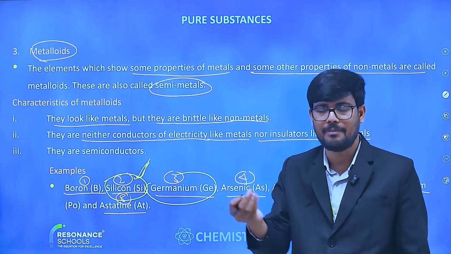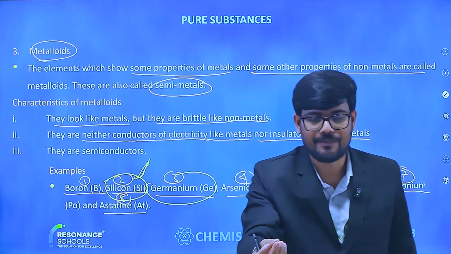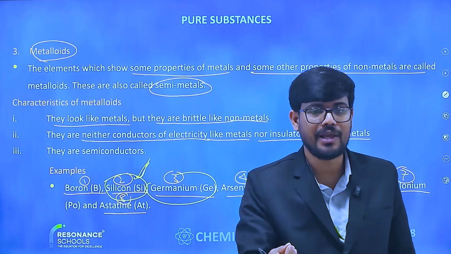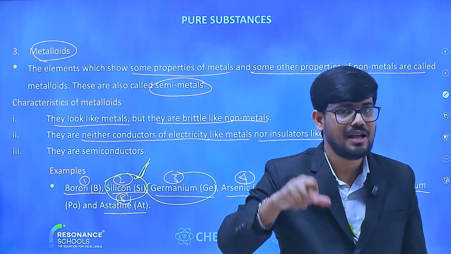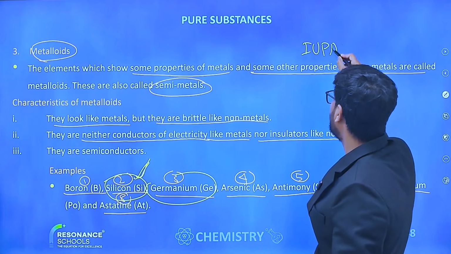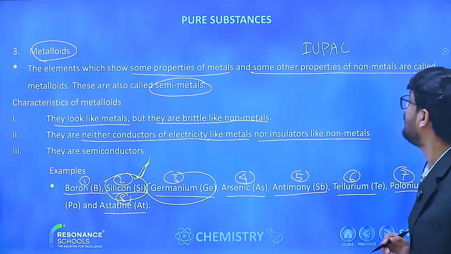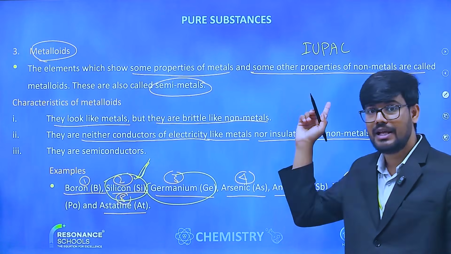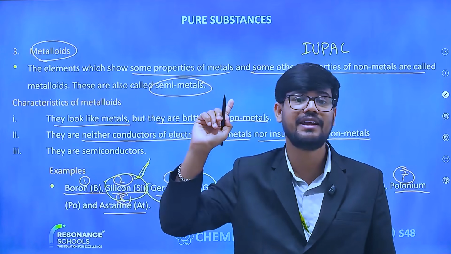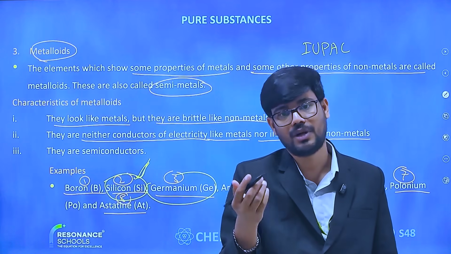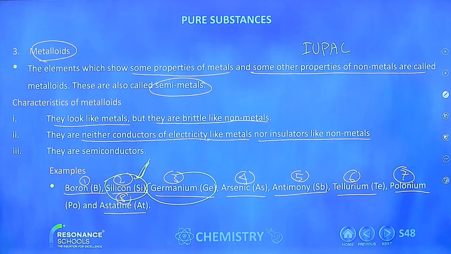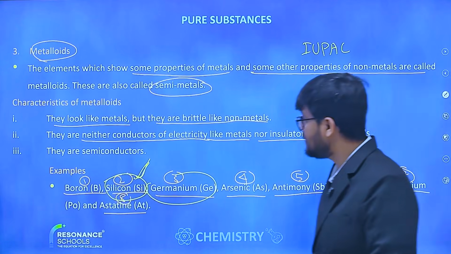Nowadays, whatever new terms are coming in science, who is giving those names? IUPAC, the International Union of Pure and Applied Chemistry. In chemistry, only this organization decides what name we should give and how to give it.